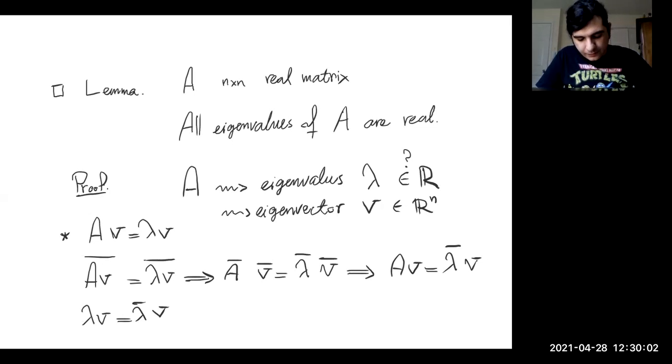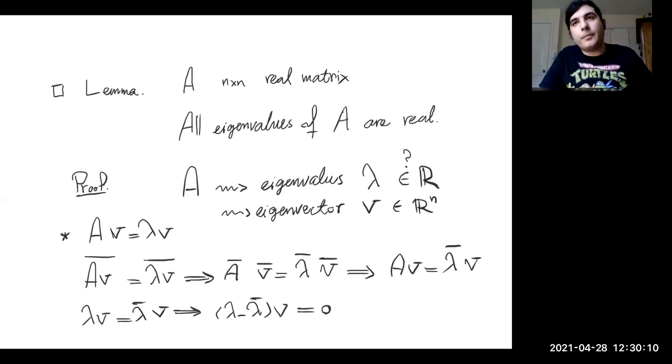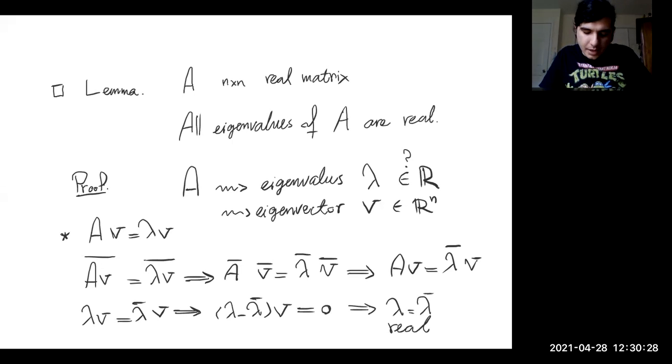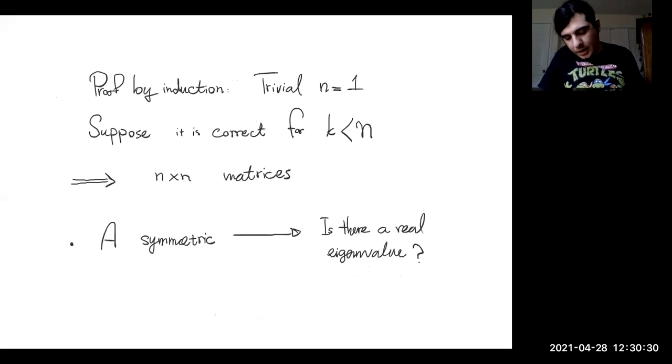And let's see, if we take both to the same side, it means lambda minus lambda bar times v is equal to 0. And assuming v is a non-zero element, it means lambda is equal to lambda bar. Therefore, it has to be a real number. So going back, yes, we know it has real eigenvalues.